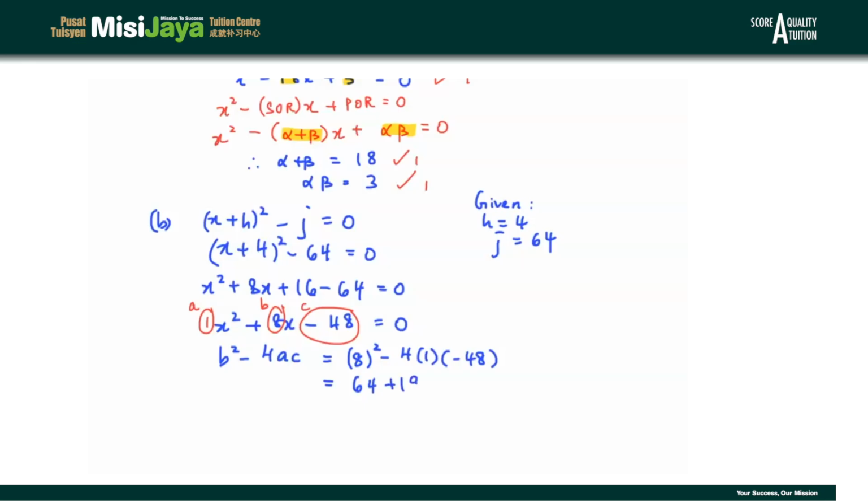So plus 192, and see what we'll get. Plus them together, we get positive 256, which means this is more than 0. Okay, if the determinant b squared minus 4ac is more than 0, it means that it has 2 different roots. Okay, so they ask you to determine the roots of the equation. So for here, 2 different roots.